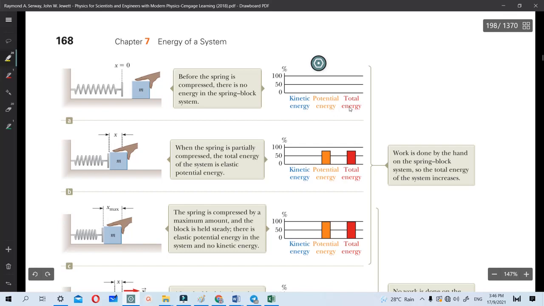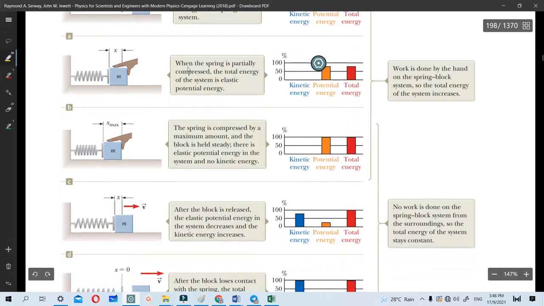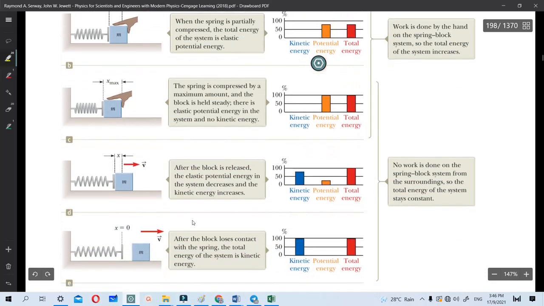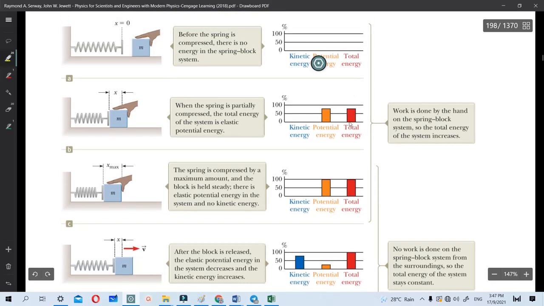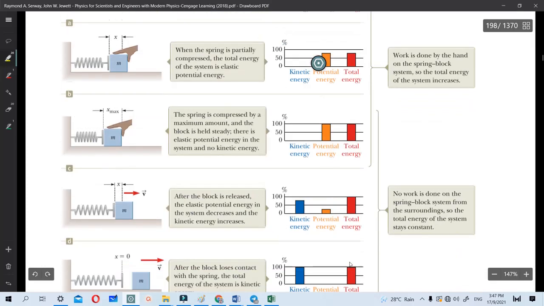Now, by not touching or doing anything to the spring, you find that the energy of the system is considered as zero. So when you do compression, or after that there was movement, you find that there will be energy involved here, and the amount is equivalent.